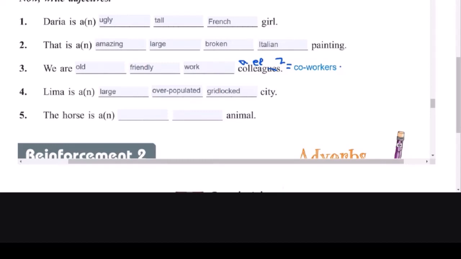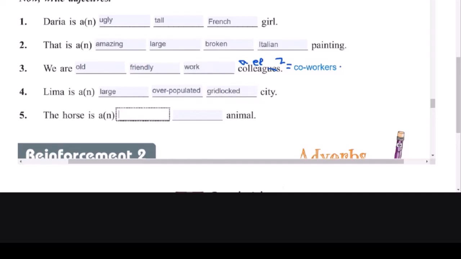That would be another way to express that idea. Lima is a city with heavy traffic. Lima is a city with heavy traffic, or it has heavy traffic, or with heavy traffic. It has dense traffic. All right, let's continue with this to the next one.